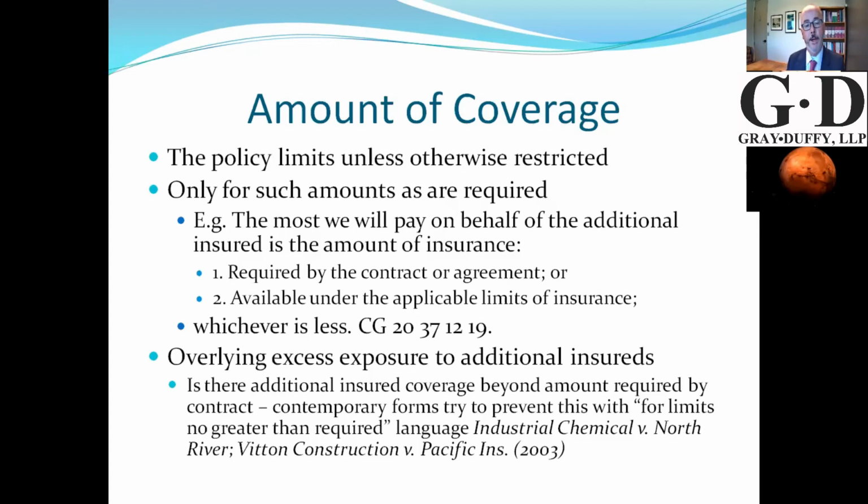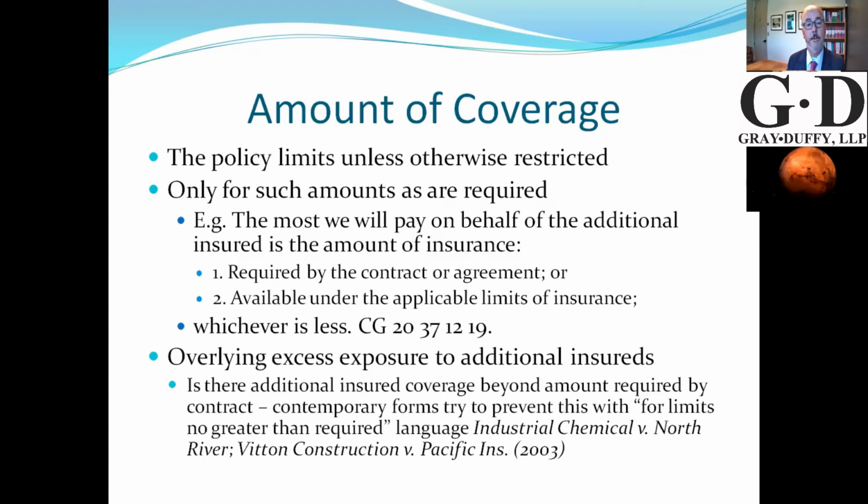The manufacturer and a vendor were sued when those chemicals caught fire during a tank cleaning and burned and killed 2 workers. And the contract between the distributor and the manufacturer only required $1 million in coverage. So they had the $1 million primary, but with North River, there was also a $10 million excess policy for the manufacturer. And the court found that that applied to the additional insured as well, because there is no language to restrict that.